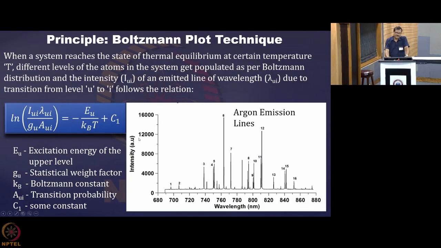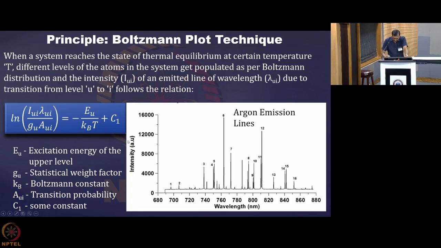And this is the kind of intensity versus wavelength graph you get directly from the CCD based spectrometers, and there you get a relationship between intensity and the energy level, from which, if you take a log of this quantity and plot it as a function of the upper lying energy states from where the transition is happening, then you see that this is a linear plot with a slope of 1 by kBT.